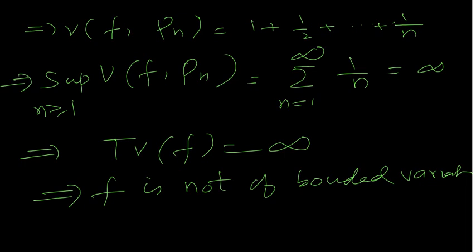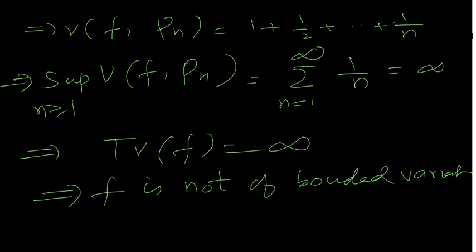If you assume this supremum is finite, say c, then the supremum of that set is finite. But we know that this series is an infinite series, so we can choose n so large such that the variation of f over Pn is greater than c. That means you have a member of the set which is greater than the supremum of the set, which is not possible.